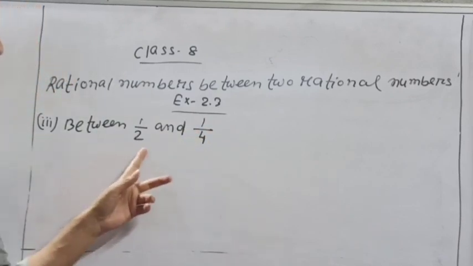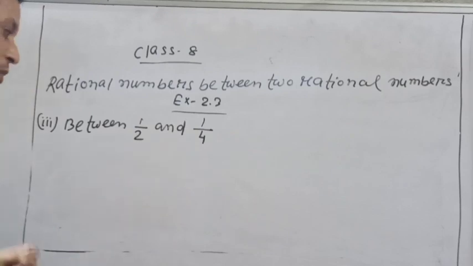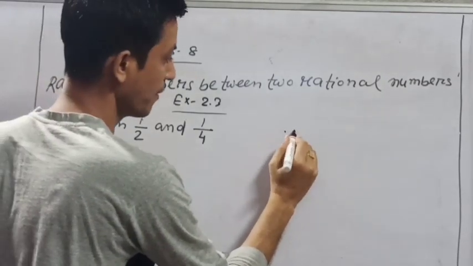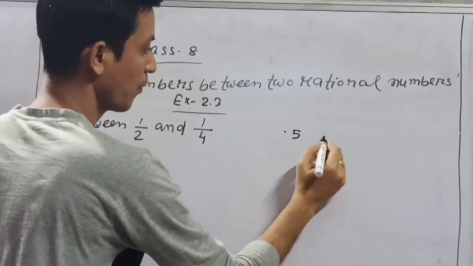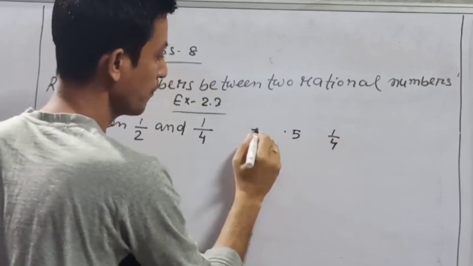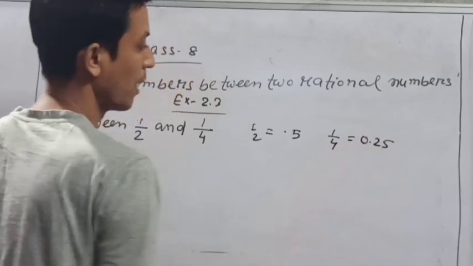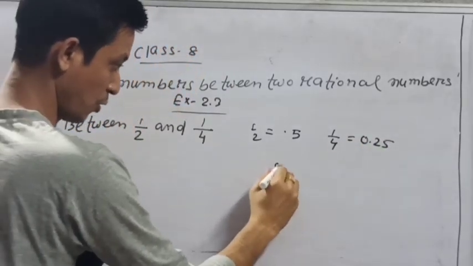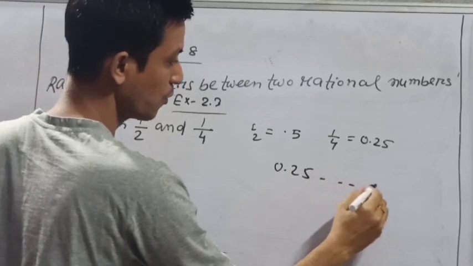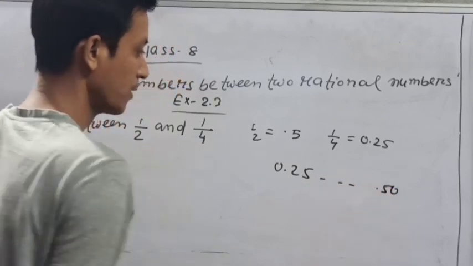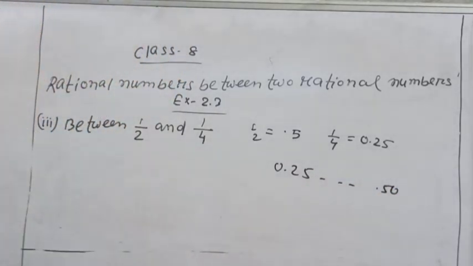Half means 0.5, you know very well, and 1/4 means 0.25. So 0.25 to 0.5. We'll get in between so many numbers.